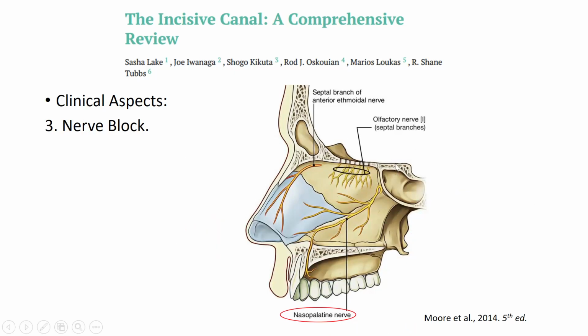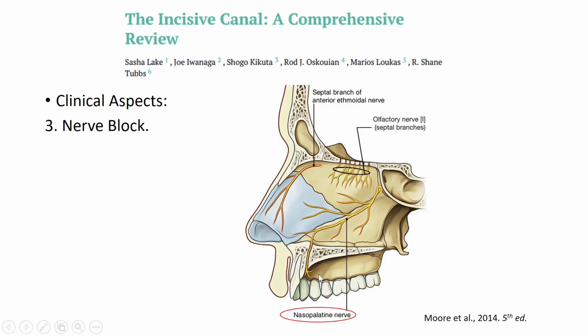Now, when we consider a nerve block of the nasopalatine nerve, as this one provides sensory innervation to the nasal septum and also the anterior mucosa of the hard palate and also the palatal gingiva of the anterior upper six teeth, where it overlaps with branches of the greater palatine nerve.